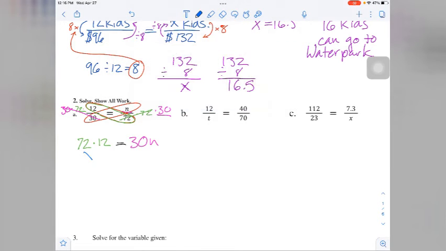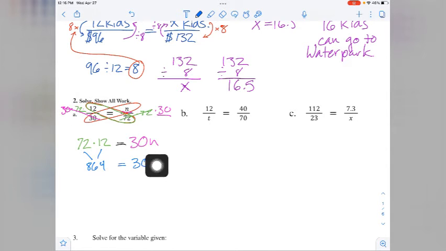So I know that 72 times 12, well, I know that 72 times 2 is 144. I know that 72 times 10 is 720. So when I add those together, 720 plus 144 is going to equal 864, which equals 30 times n, which is just 30n.